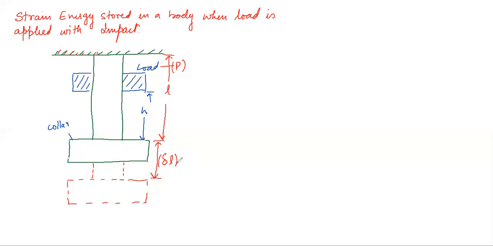Now, here in this case, L is defined as the length of the rod, A the cross sectional area, and the volume of the rod is given as A cross L. H is defined as the height through which the load is dropped. Delta L is the extension of the rod due to load P, and E is the modulus.